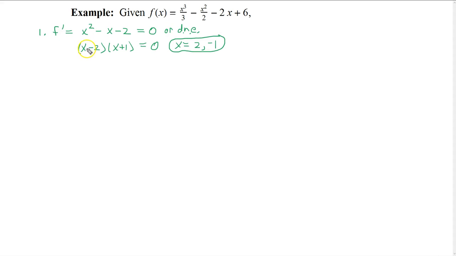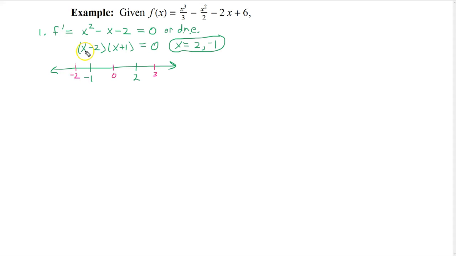So to find where the function is increasing and decreasing, we find where the derivative is positive and negative. So we'll do our sign pattern here. We'll put in -1 and 2, and pick some test values in between like -2, 0, and 3. Put those back into the derivative and see if we get back positive or negative values.